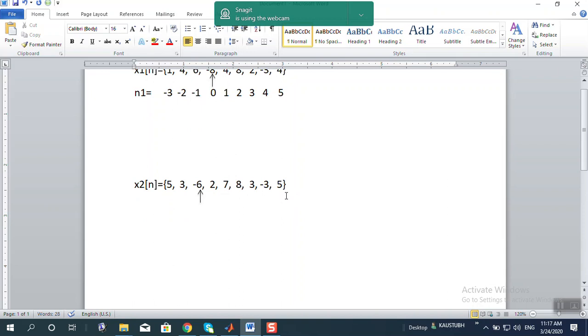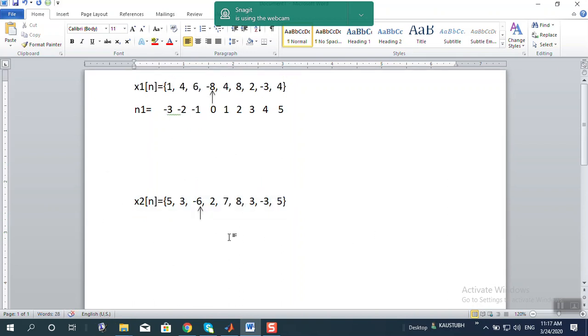Similarly, the second signal, this is my x2. Here is my n2. -5 is at -2, then 3 is at -1, then -6 is at 0, this 2 is at 1, then this 7 is at 2, 8 is at 3, 3 is at 4, -3 is at 5, and this 5 is at 6.